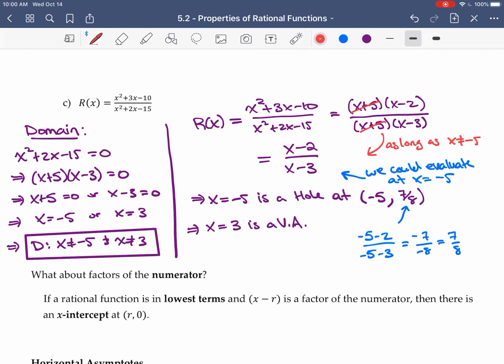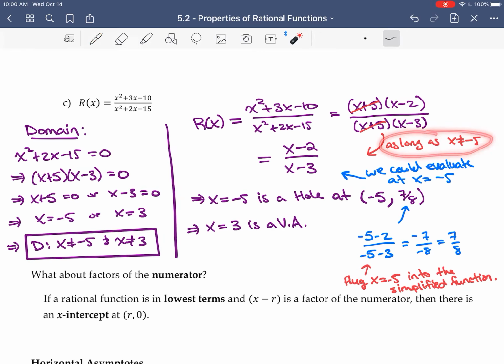So this is plugging x equals negative 5 into the simplified function. Now you might be concerned because I said as long as x is not negative 5, and then I just went and plugged negative 5 in. I'm not saying there's a point there, I'm actually saying there's not a point there. But I could plug in x equals negative 4.99999.